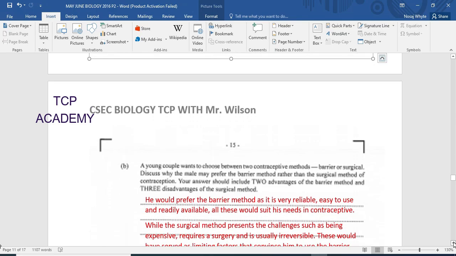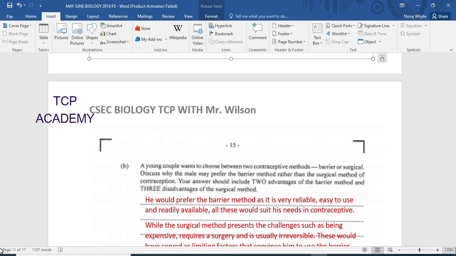Now we move on down to the other question. A young couple wanted to choose between two contraceptive methods, barrier and surgical. Discuss why the male may prefer the barrier method rather than the surgical method of contraception. Your answer should include 2 advantages of a barrier method and 3 disadvantages of a surgical method. He would prefer the barrier method as it is very reliable.